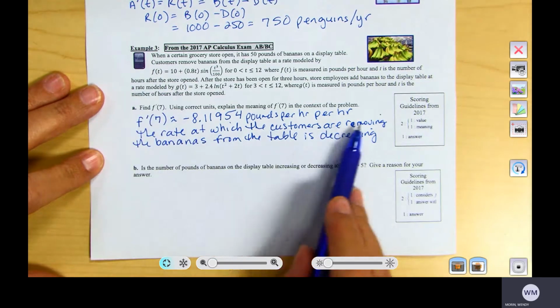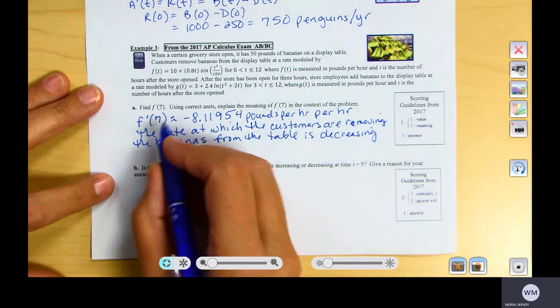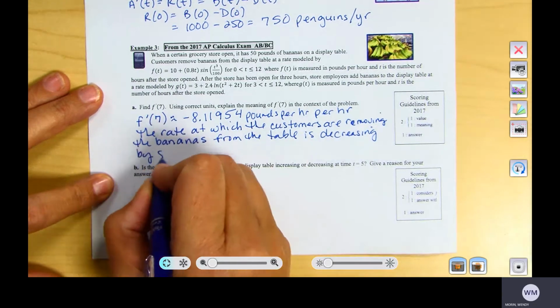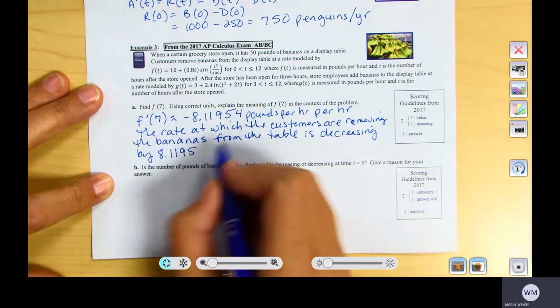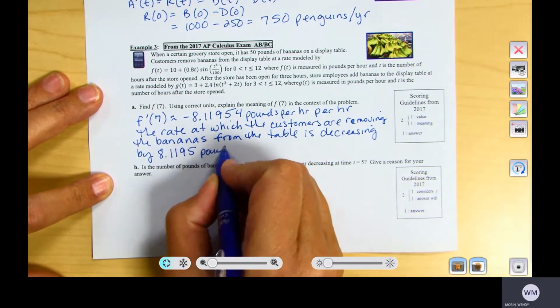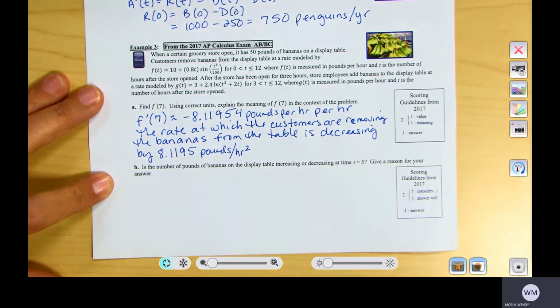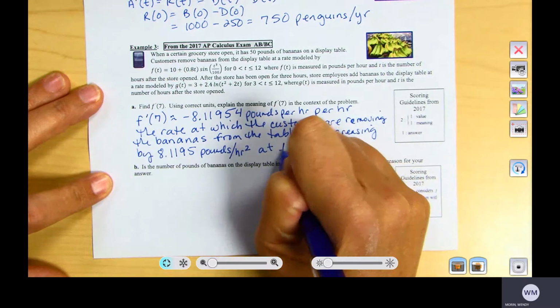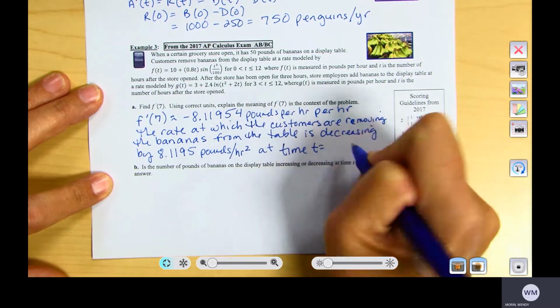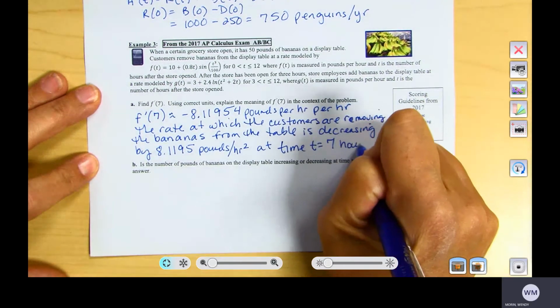The rate at which the customers are removing the bananas from the table is decreasing by 8.1195 pounds per hour squared. Okay, and then at what? At time t equals 7. 7 what? 7 hours.